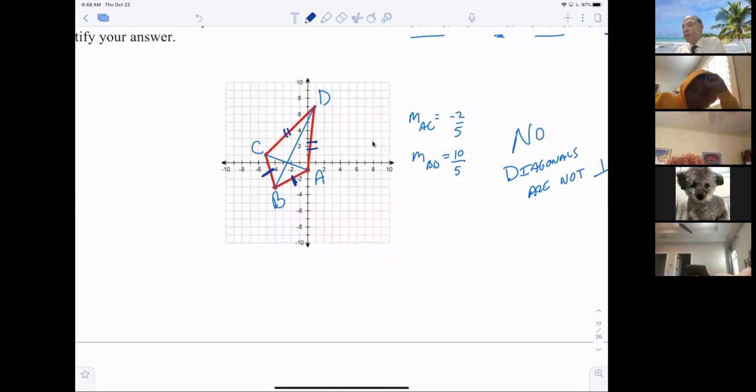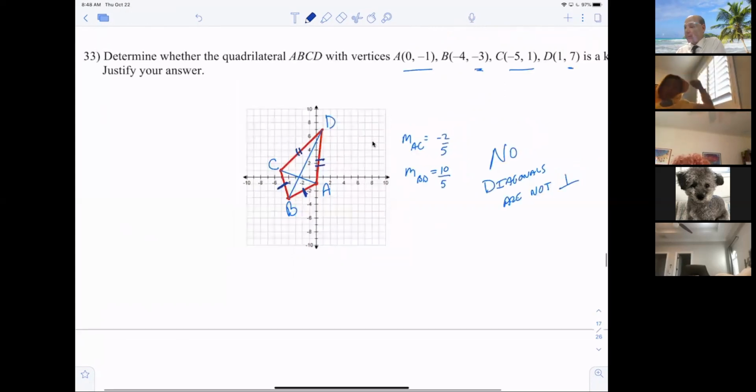So you can measure BA and BC. And realize BC doesn't equal BA, right? So it's not a kite. But you can also find the slope of BD and CA.